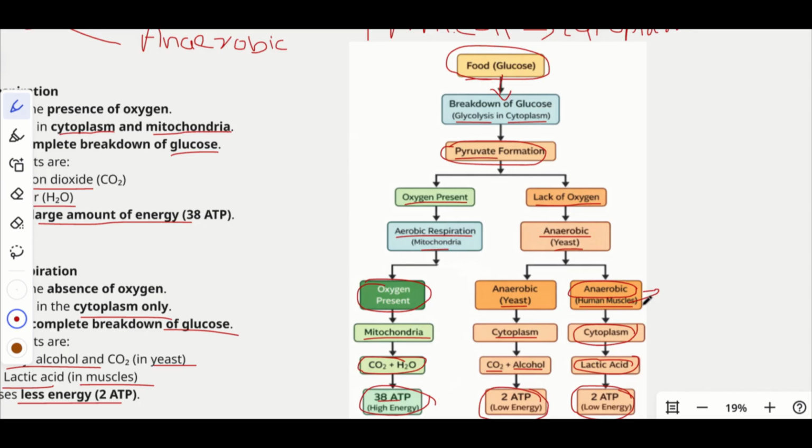You might feel some muscle fatigue or pain. This is due to the shifting of aerobic respiration to anaerobic respiration. As a result, lactic acid is formed. This lactic acid will cause the muscle fatigue or pain so that you will slow down the process or you will take a break.